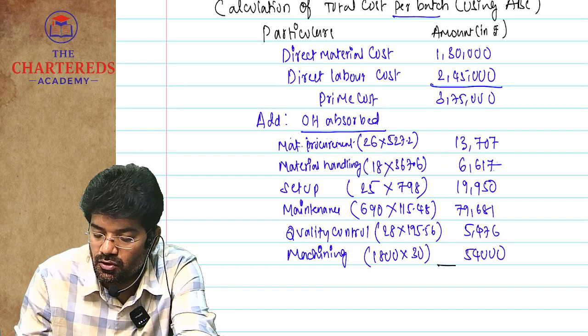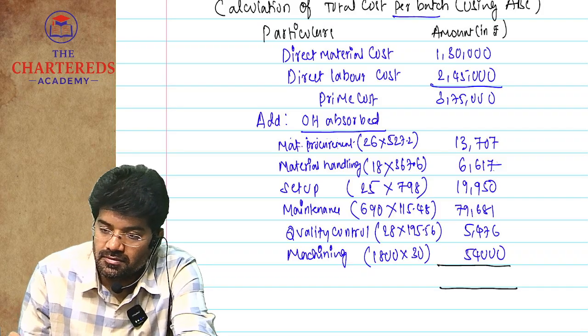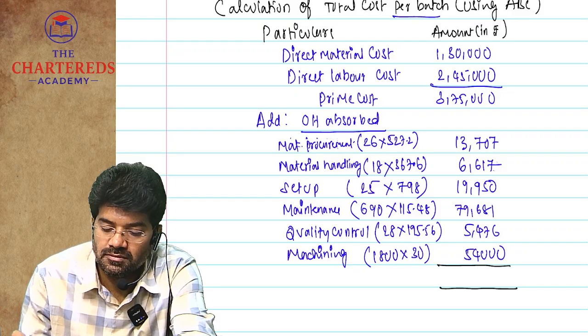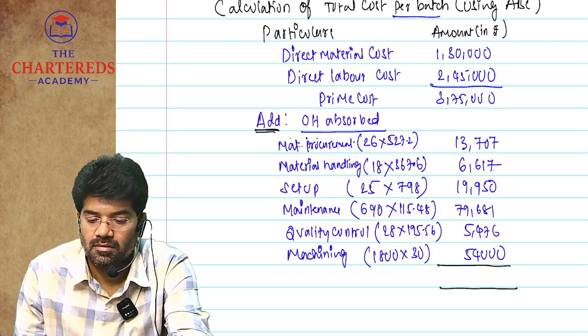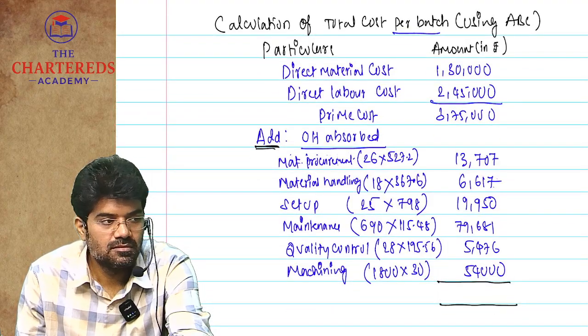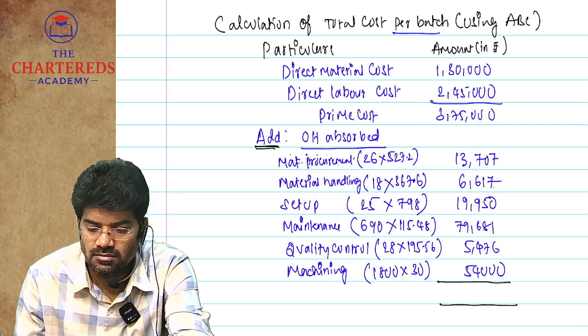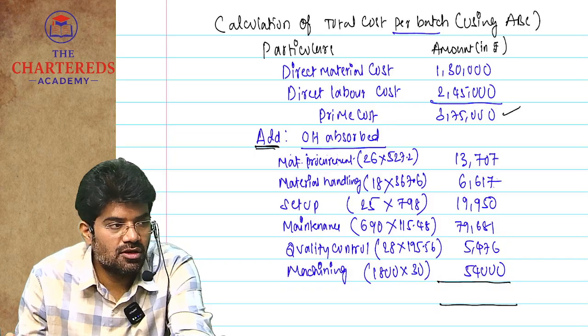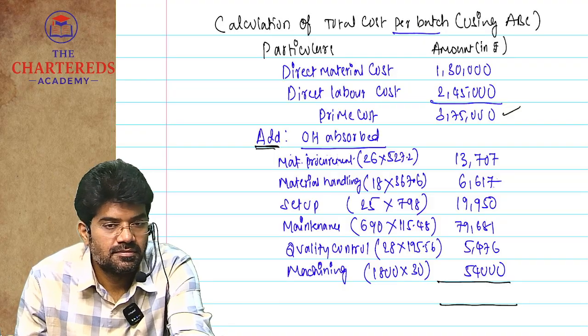So now we can get the total cost per batch. To that we should add this prime cost also.